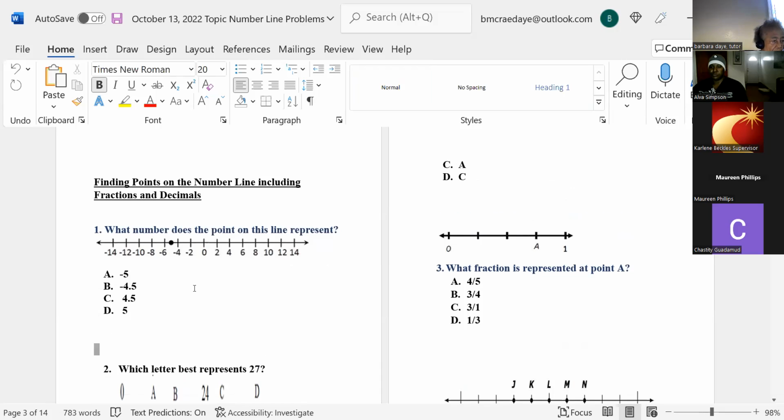Okay, so read number 1 and tell me what your answer is. Which number does the point on this line represent? Now, that point, right here, is between what 2 numbers, Maureen?